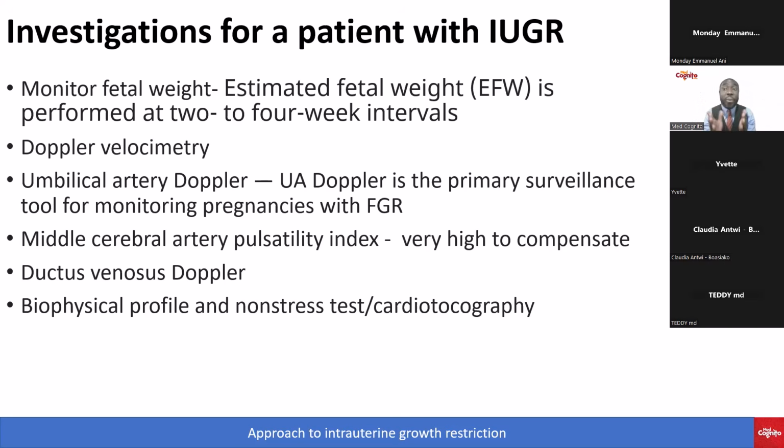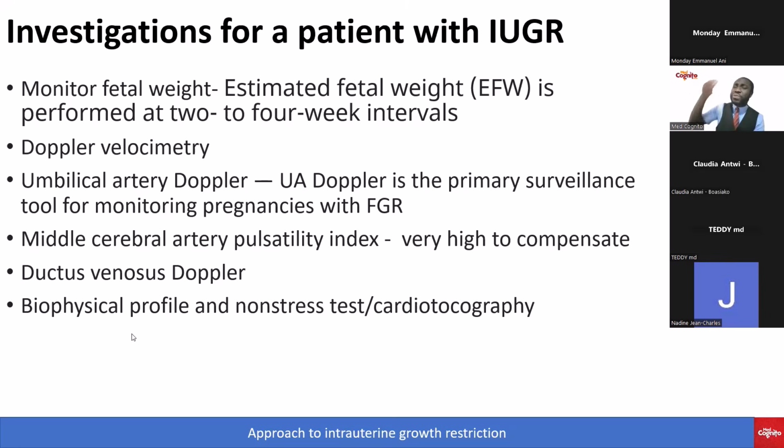It will be high. Why? The reason is because the baby is not getting enough oxygen from the mother. The body is going to compensate by causing more blood flow so that it can get enough blood to the brain. So in a baby with IUGR as a result of uteroplacental insufficiency, you realize that blood flow through the middle cerebral artery is very high.